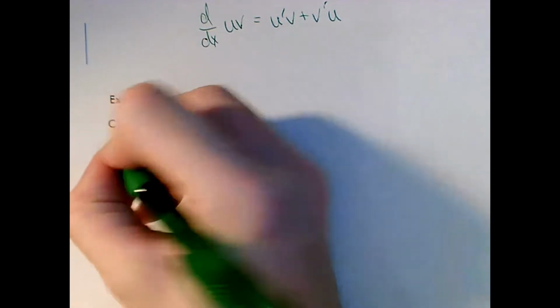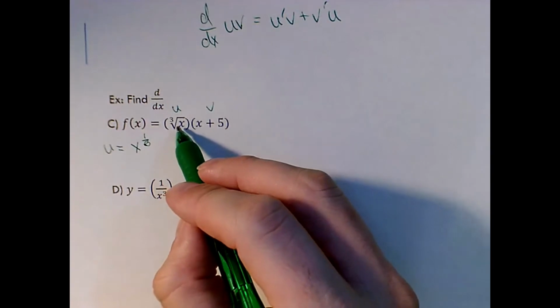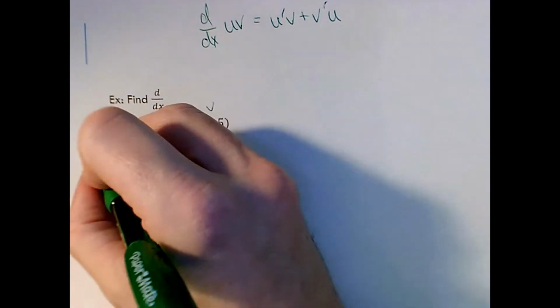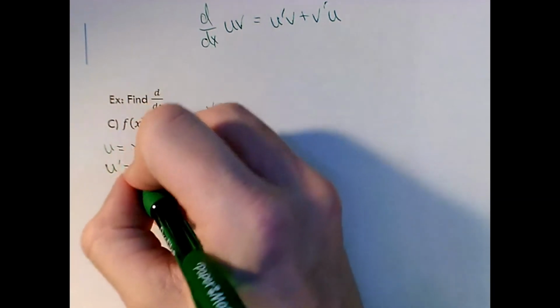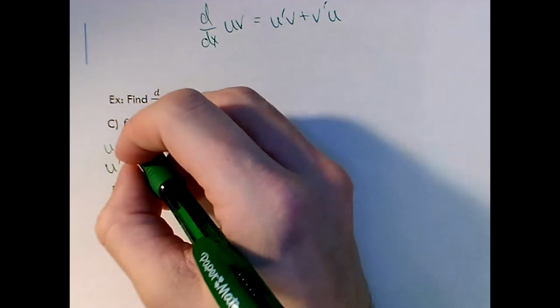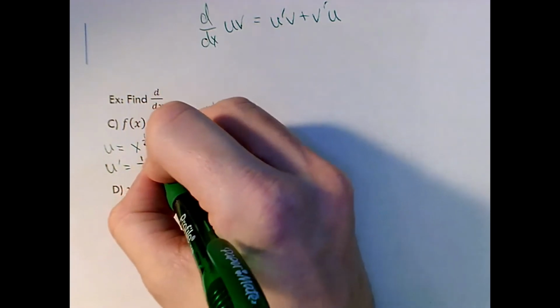U could be rewritten as x to the 1/3. Cube root could be rewritten as x to the 1/3. So that's going to make u prime equal to 1/3 x to the negative 2/3, because when you subtract 1 from a third, you get negative 2/3.